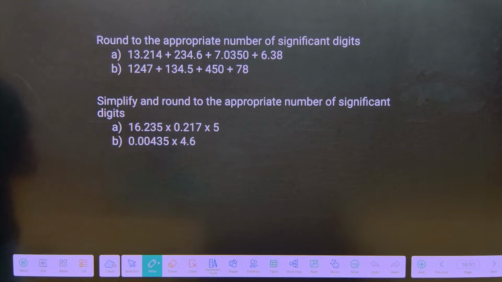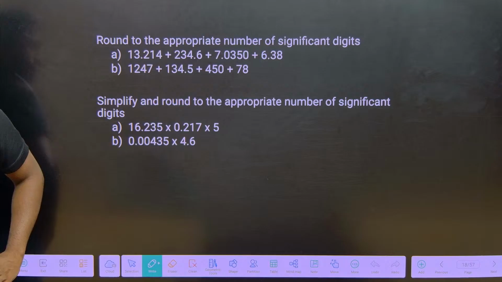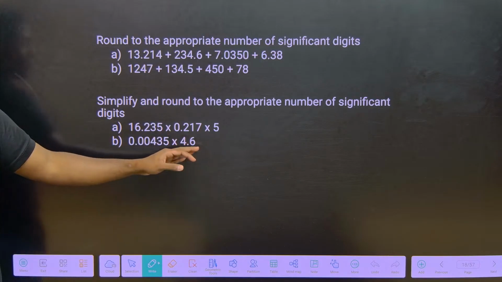Guys who are watching online, you can give the answer in the comment boxes. We'll check it. If you have a calculator, you can use it and give the answer.